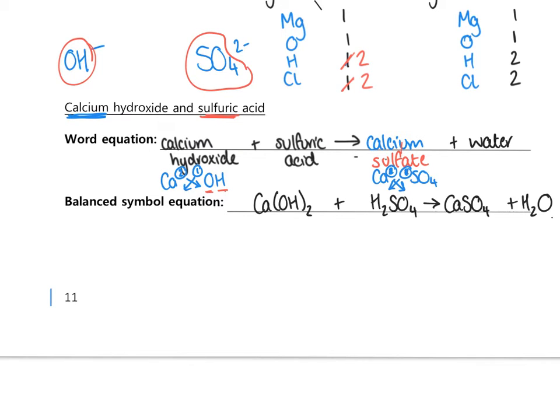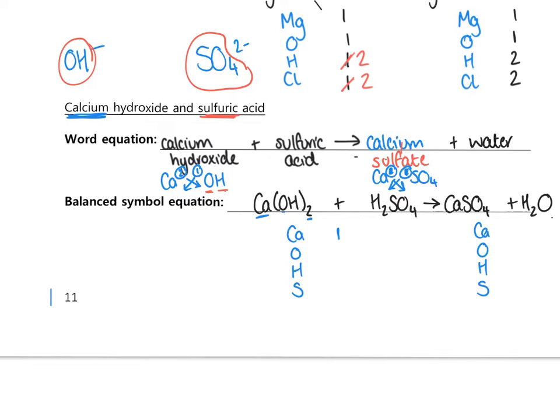Okay, my equation is not balanced, so I need to make my list. I've got calcium, oxygen, hydrogen and sulfur. Let's count up, and we'll need to be a wee bit careful with this. Calciums, I've got 1. Oxygens, this 2 multiplies everything inside the brackets by 2.